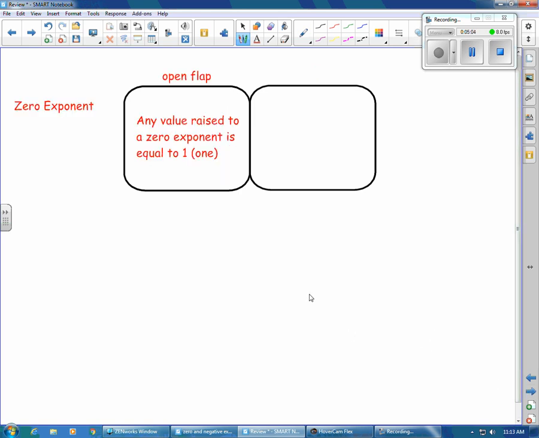Zero exponent: any value raised to a zero exponent is equal to 1. So I could have x to the 0 power, that's going to equal 1.